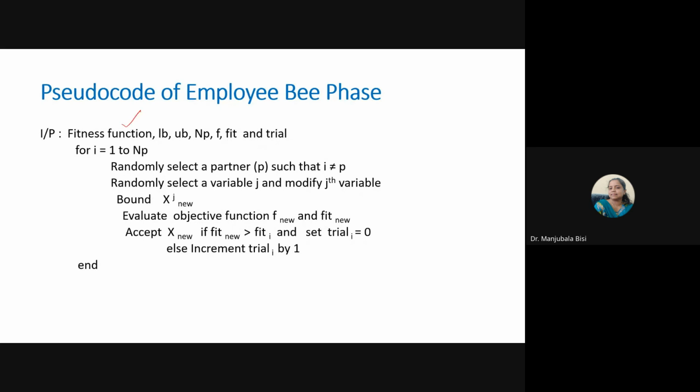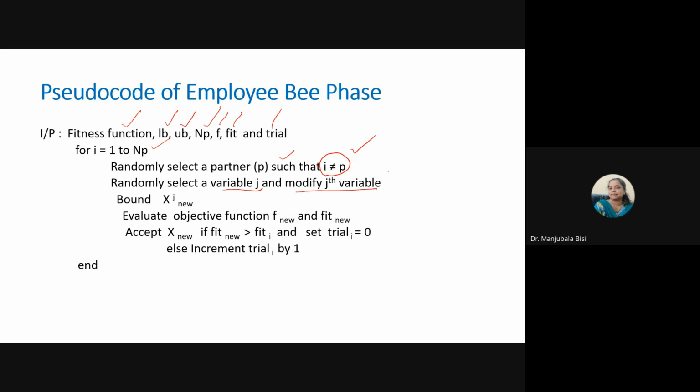Right, so this is the pseudocode of the employee B phase. Same as before: fitness function, lower bound, upper bound, population size, objective value, fitness value, trial. Trial will determine the number of failures you have encountered when you are trying to change a solution. So for every solution in the population, for I equals 1 to NP, you are randomly selecting a partner such that the partner must be different from the current solution, such that I not equals P. Then you randomly select a variable j and you are trying to modify the jth variable.